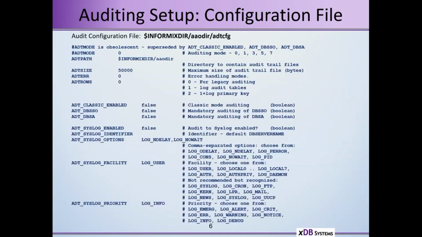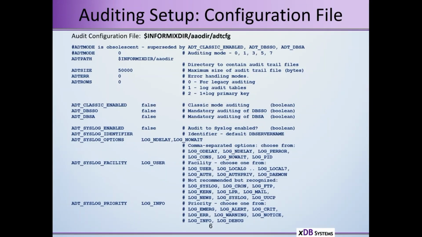Here's an example of the default auditing configuration file. It is under Informix in a subdirectory, aaodir, and the file is called adtcfg. This is your basic initial auditing configuration file, and you go through this and make the changes that you want. Restart Informix and auditing's enabled.